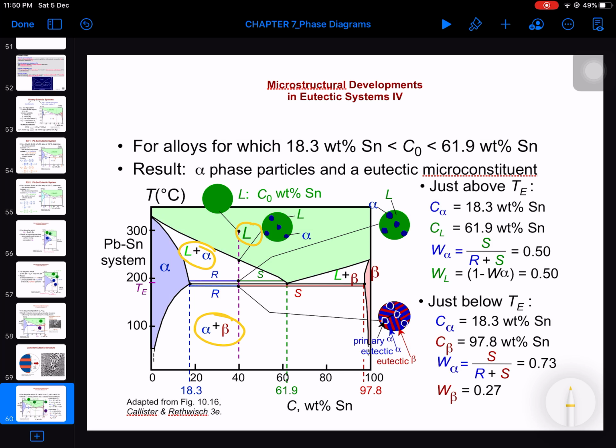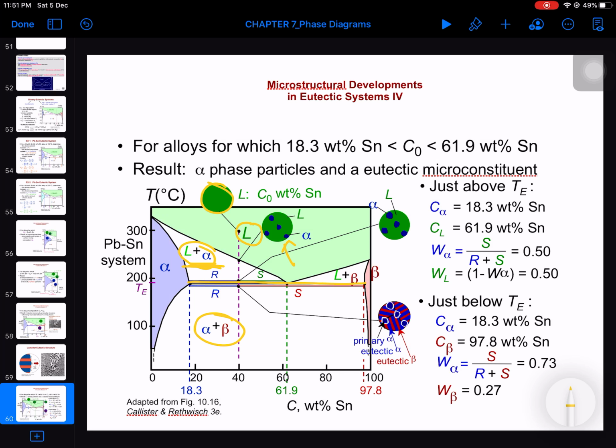When it's all liquid, it's very easy, you can just draw it blank like that. When it goes into this area of liquid plus alpha, the alpha starts to solidify, but the remaining is still in liquid form. Once it crosses the boundary here, the remaining liquid will turn into alpha plus beta.